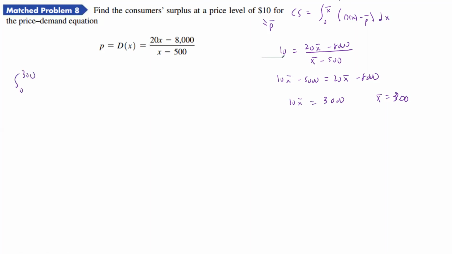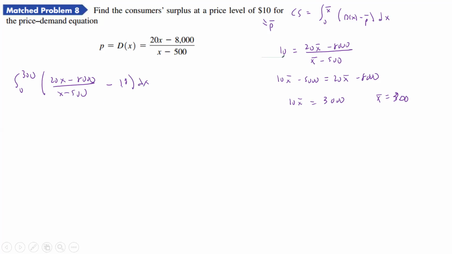So we've got this part up here done. Now we take d(x), this piece: 20x minus 8,000 over x minus 500, and then we subtract off p bar. Well, p bar was 10, so we'll subtract off 10, and then dx.